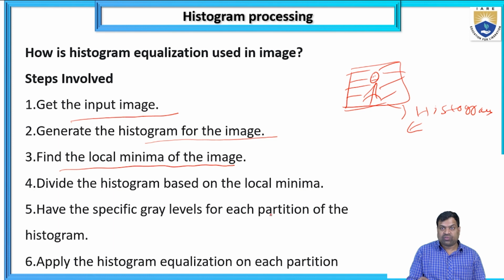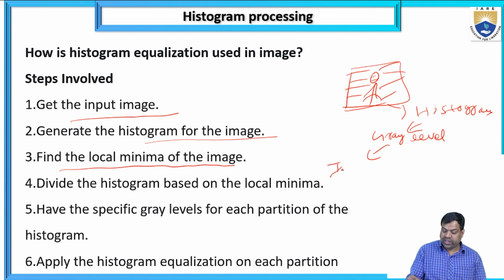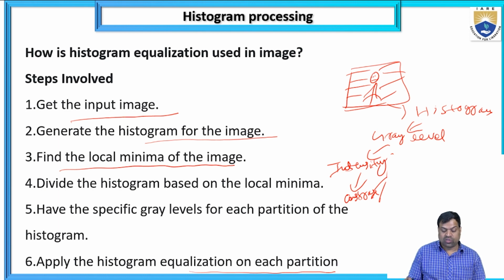Specific gray levels for each partition of the histogram. First go for the gray levels, for intensity values. If intensity values are changed, then contrast will be increasing. Apply the histogram manipulation for each partition. Okay, these are the steps involved in the histogram equalization.